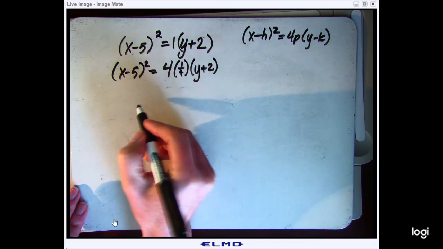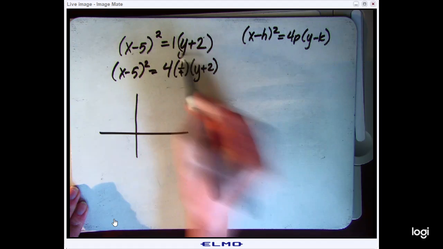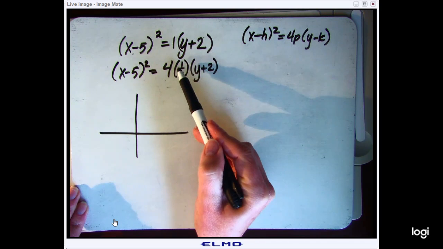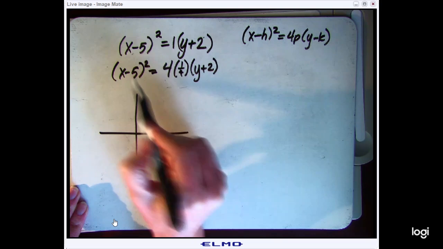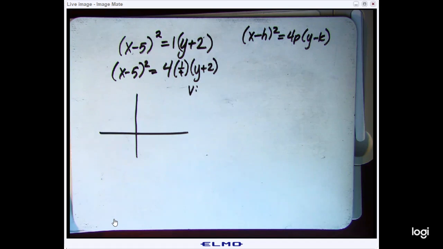I know this parabola opens up because my p value is positive, right? Alex doesn't ask you to graph this, but sketching it helps me so much, so I really recommend it.